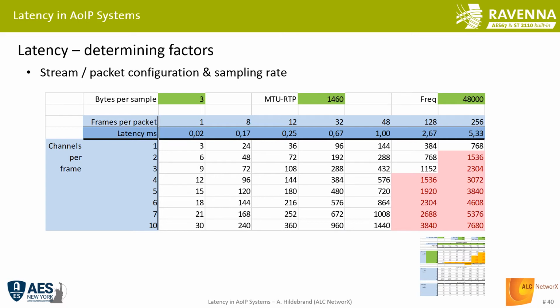But if you look at the number of frames per packet at 48 kilohertz, 48, that's the 1 millisecond time, and that is the originating latency we can't beat. So at 1 millisecond packet time, we will always have a latency of a minimum of 1 millisecond, regardless of how long the packets have to travel, how many hops, how much competing traffic. We can't get below 1 millisecond unless we reduce the packet time, right? That's the idea behind this table.